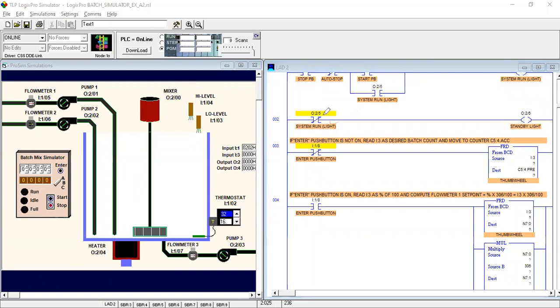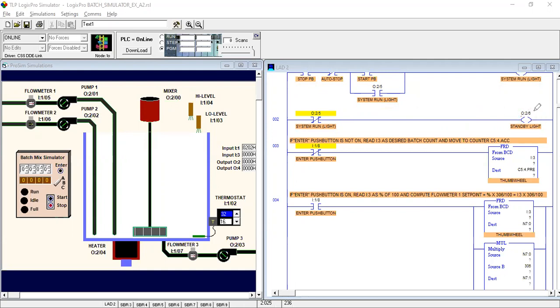The system run light has the addressing of our output like this one. This instruction provides the supply of our output.